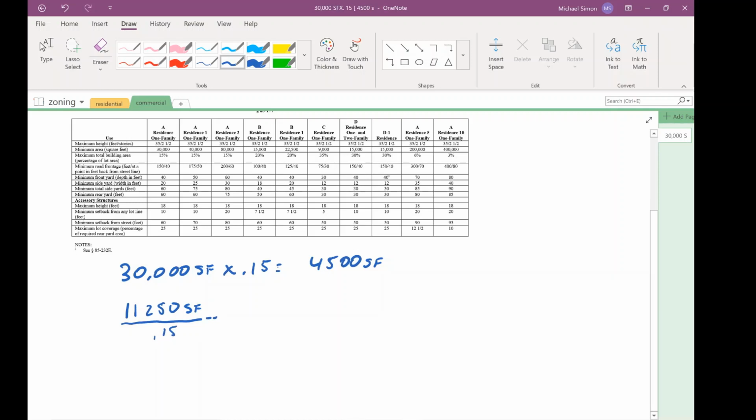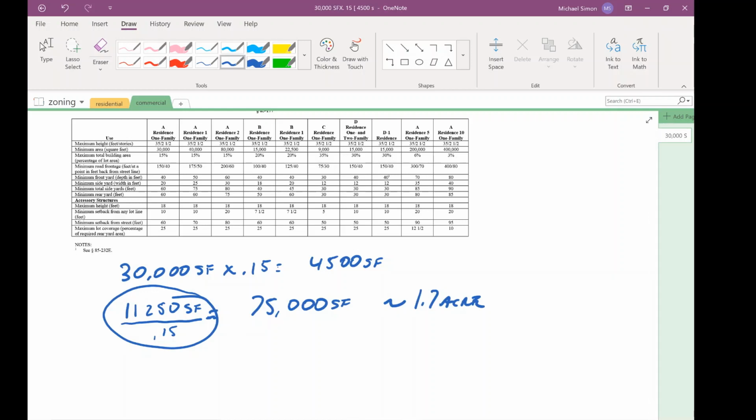See, 11,250 divided by 0.15 means you have a piece of property that is 75,000 square feet. Divide that by 43,560, that's about 1.7 acres. Then you can have a house that is that large, 11,250. The size of your house cannot be more than 15% of the total lot area.